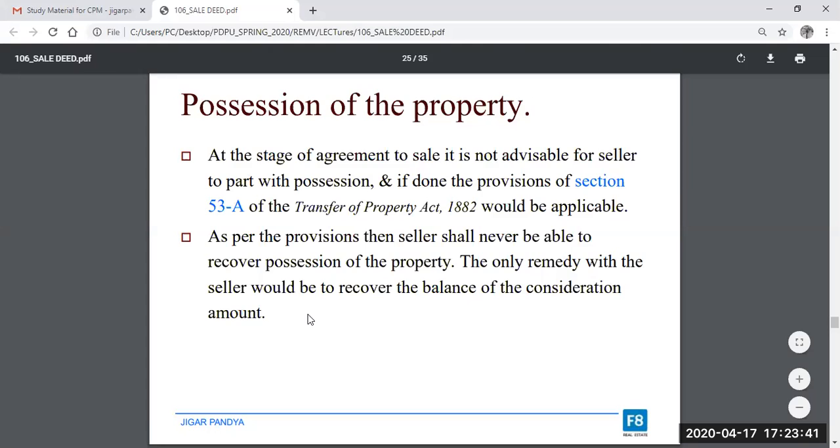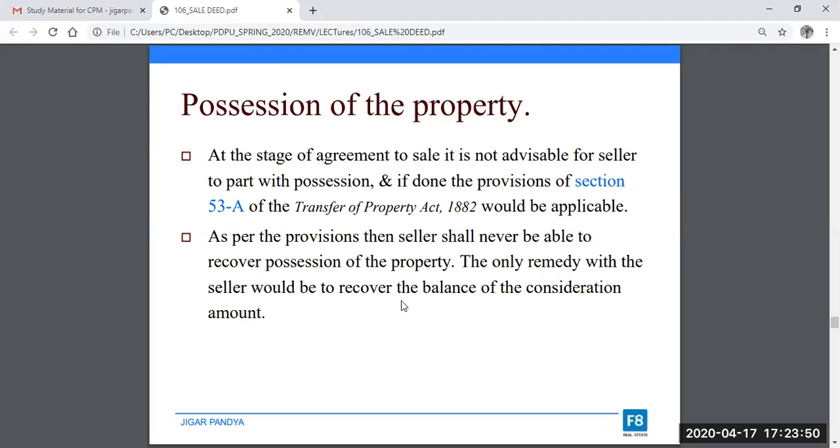So possession is one of the most important aspects during the sale deed. If you have received 50% of payment against the property and you give the possession, and the remaining 50% does not come to you, what happens? Well, your possession is gone. It is impossible to get it back because there is a clear charge on the property, 50% of money.